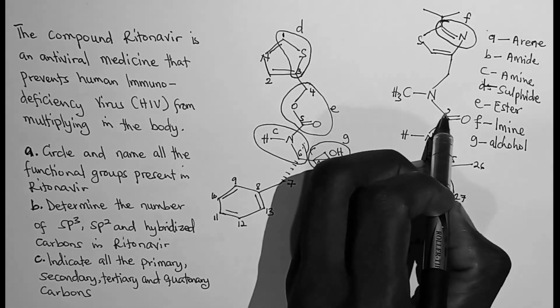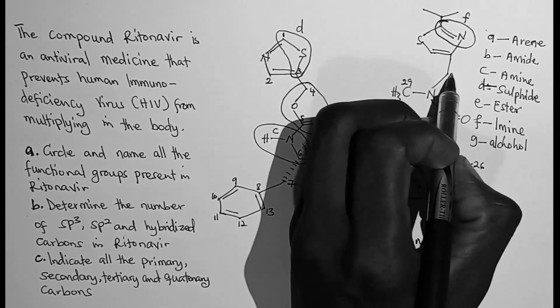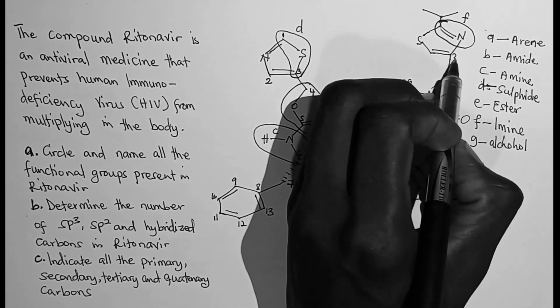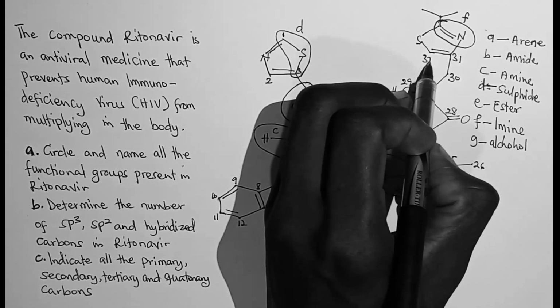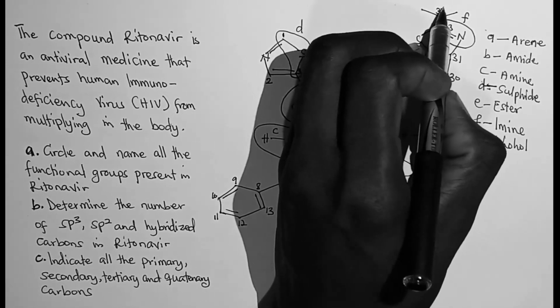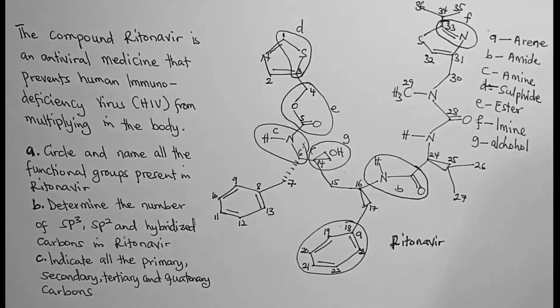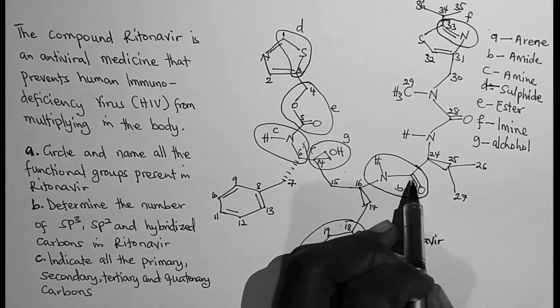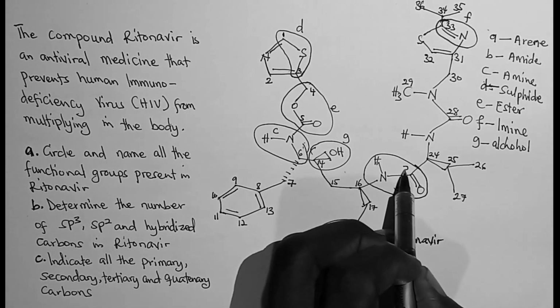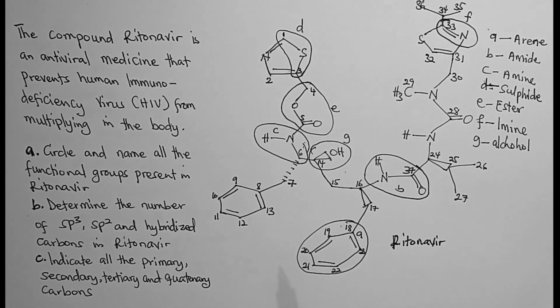Then this carbon 28, and this one 29, 30, 31, 32, 33, 34, 35, and then 36. Okay, so there is an omission that I forgot. There is a carbon here, and this carbon will make it 37. So there are 37 carbons in total.